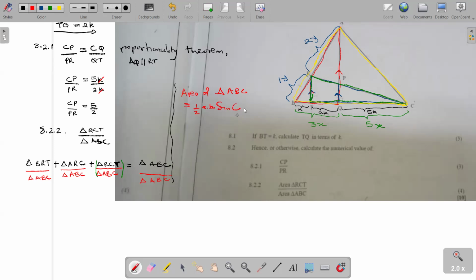This C is the included angle. So using that, we are now going to answer that question. So it means area of BRT and area of ABC. Using the area rule, they have a common angle there, which is B. So we are now going to say area is half AB.